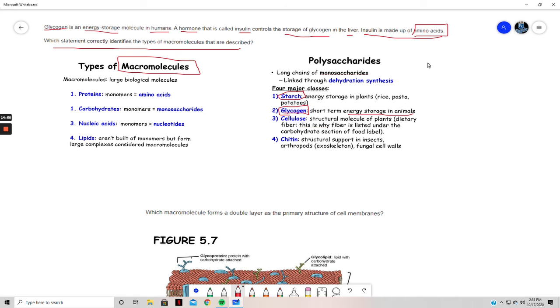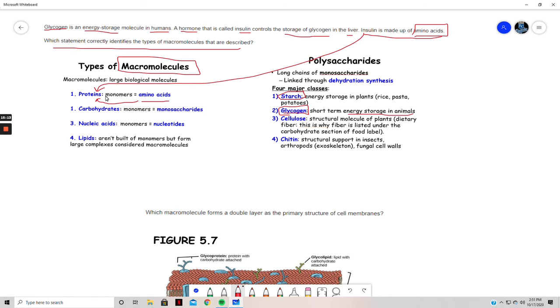Amino acids are the monomers of proteins, which means if amino acids are the monomers of proteins, and insulin is made of amino acids, then that means that insulins are proteins.